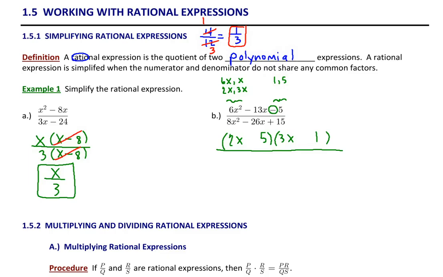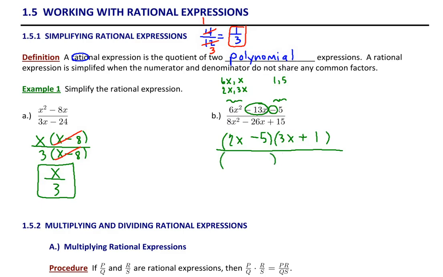They do have a difference of 13. That's what we're looking for in our middle term. But in order for it to be negative, we need the biggest product to be negative. That's going to be our middle product. So I'm going to make that one negative and this one positive. If at any point you're unsure if you factored it correctly, remember you can always FOIL it out and double check your factoring.